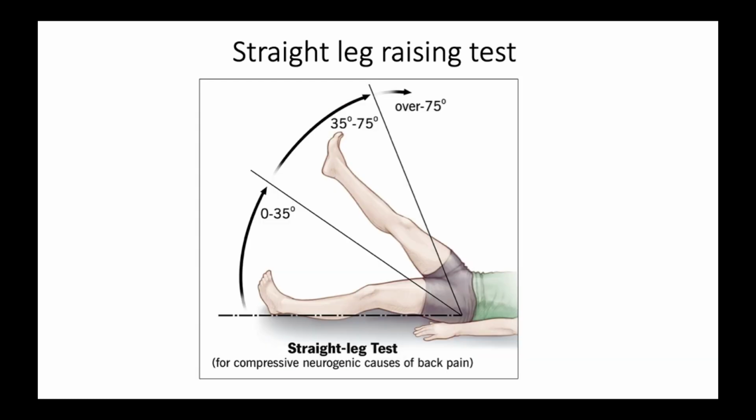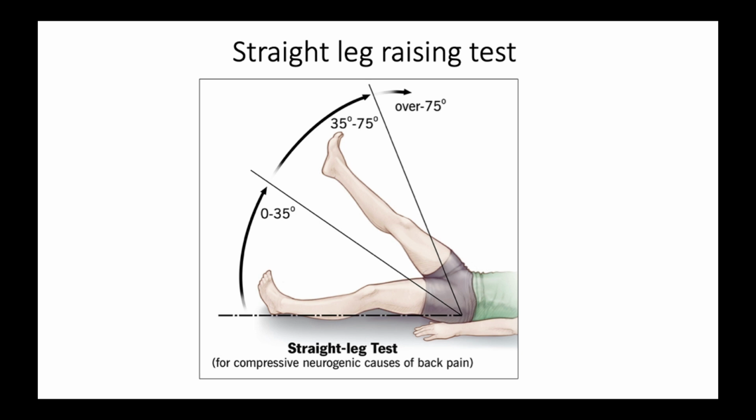A very vital test is the straight leg raising test, where a value between 35 to 75 degrees indicates stretch over the nerve roots. In the initial 30 degrees, the slack in the root is taken up.